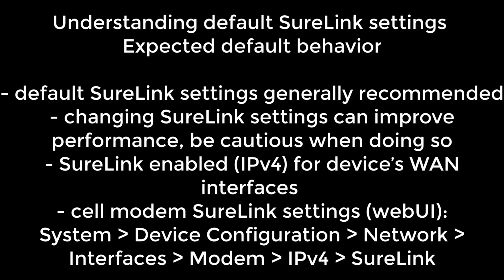Using a Digi EX15 device as an example, to review the SureLink settings for the cellular modem interface, using the device's web UI, go to System, Device Configuration, Network, Interfaces, Modem, IPv4, SureLink.